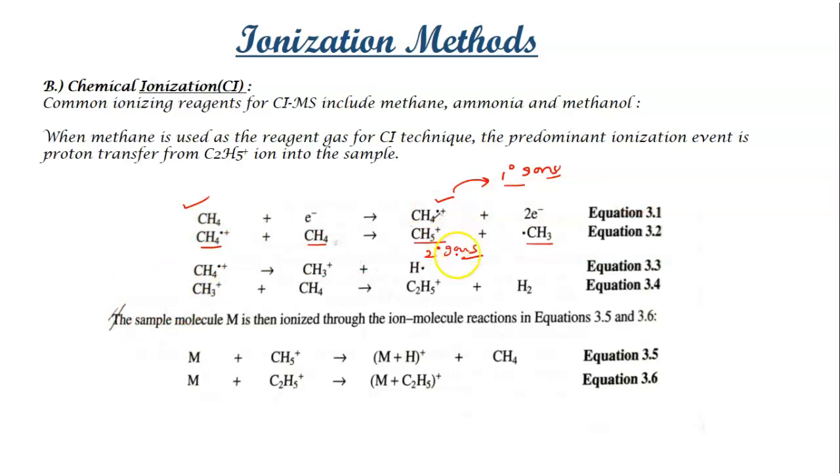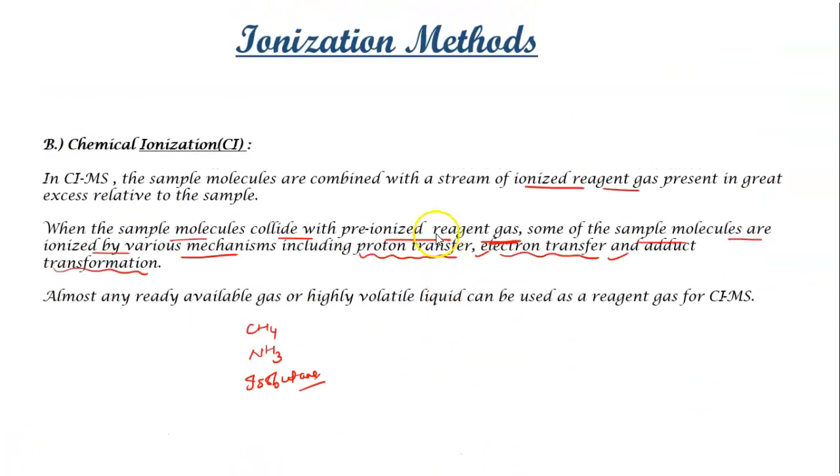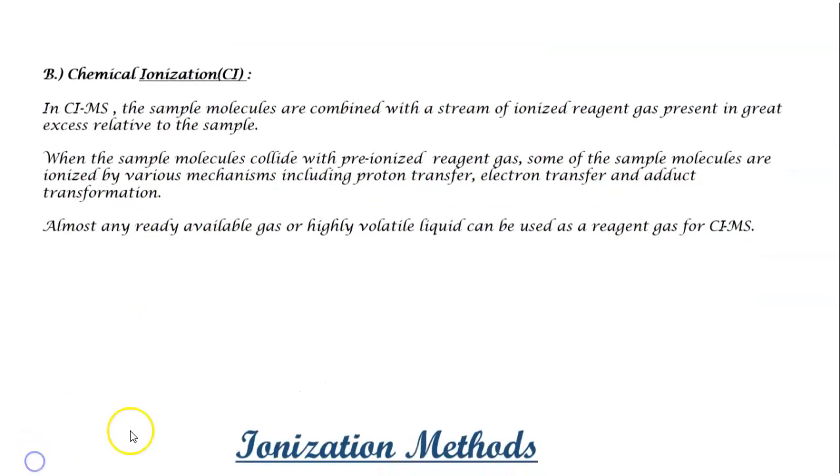And this secondary ion that is formed, CH5 plus, will be reacting with the analyte molecule, and it will further form ions via the three ways that we discussed in the previous slide. I'll show you these three techniques: proton transfer, electron transfer, and adduct formation, and we'll see how.